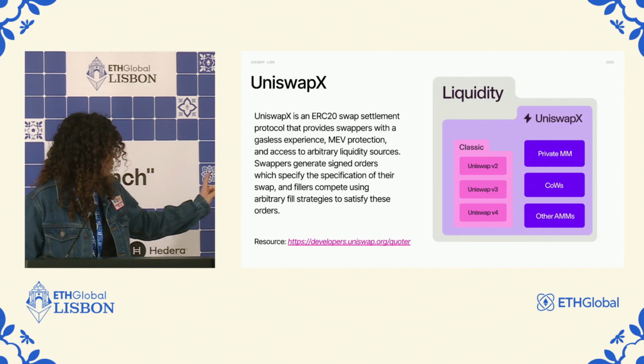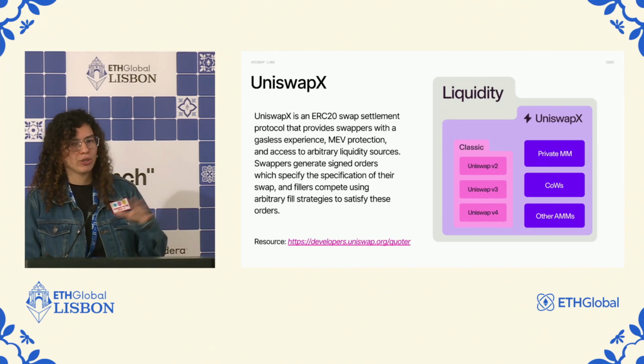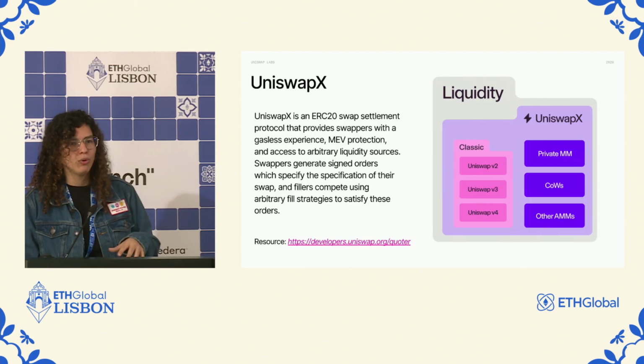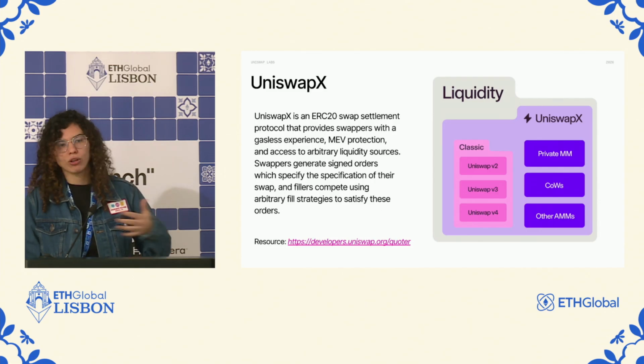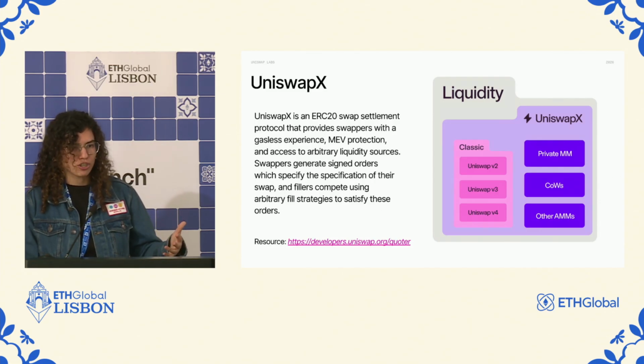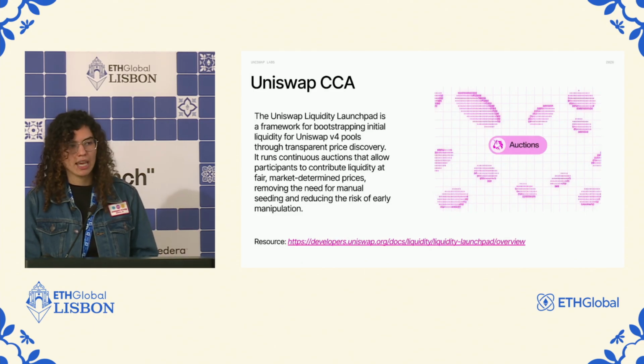You can go to developers.uniswap.org and find all of the information. Uniswap X is one of the mechanisms we use at the Uniswap interface level to get all of our users the best way to interact, and we work closely with market makers for these larger swaps to be executed. And then, as I mentioned, the CCA is basically a new token launchpad platform.